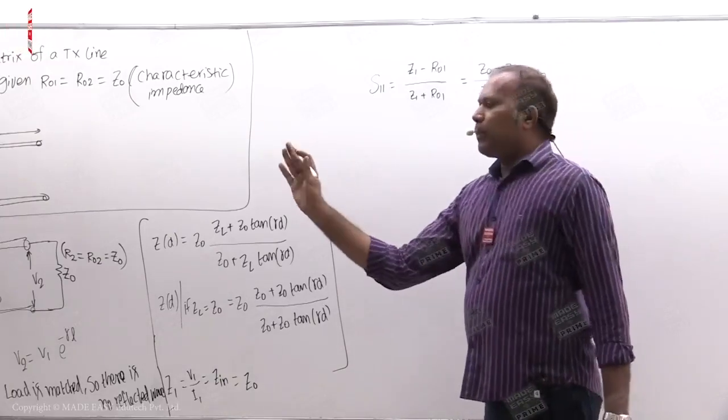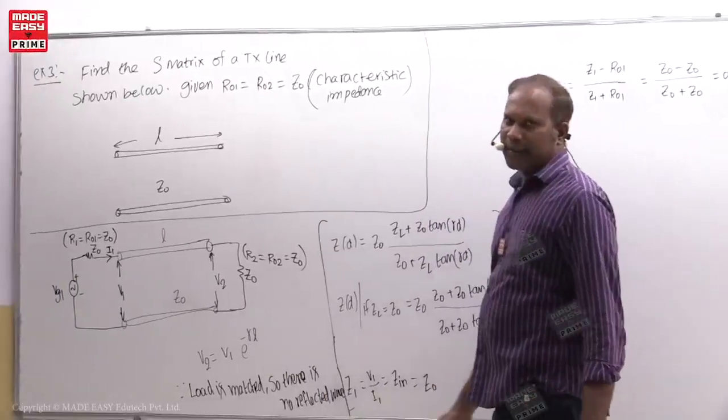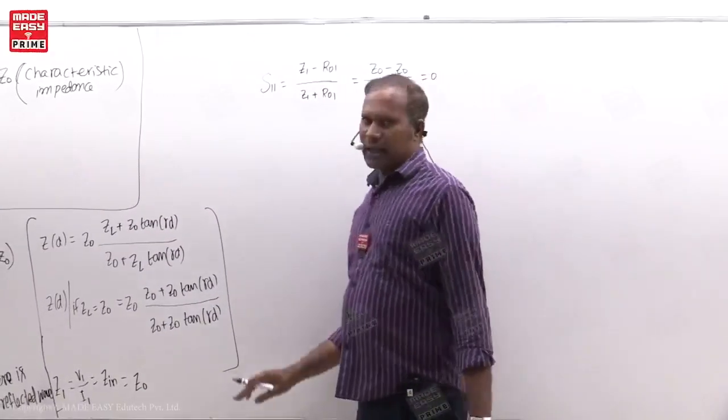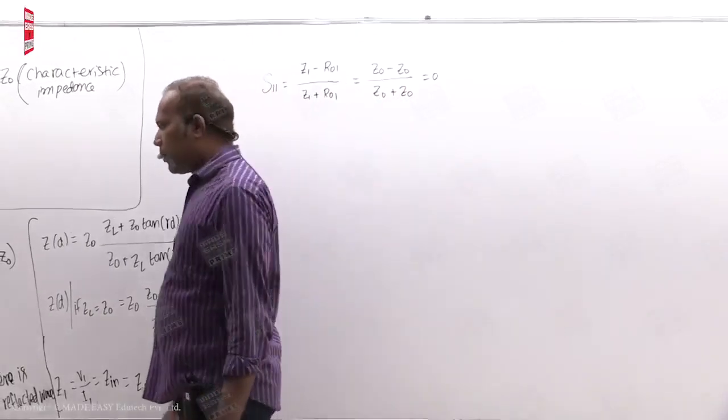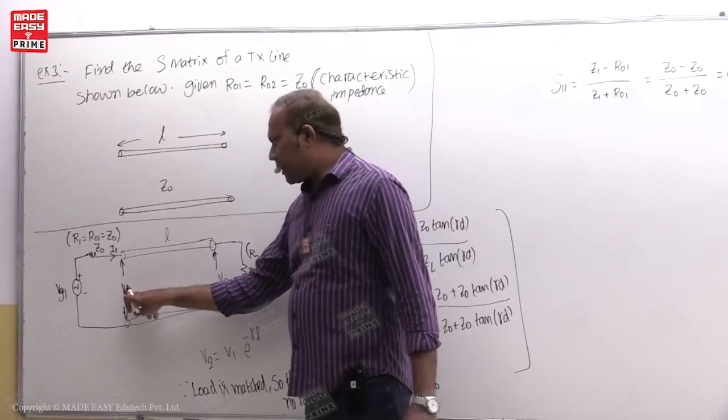There is no reflected wave at port 1 because it is matched here. Theory also says the same thing, maths also says the same thing. So reflection coefficient at port 1 is 0, because the input impedance is Z0.